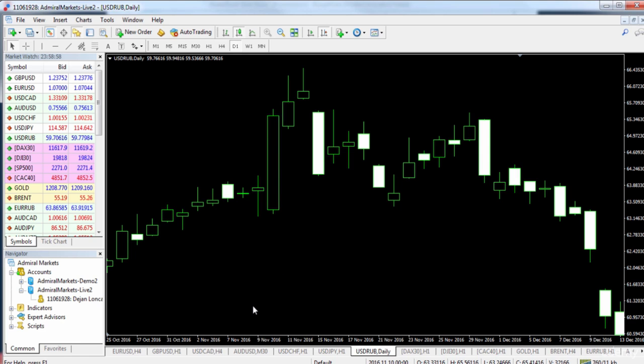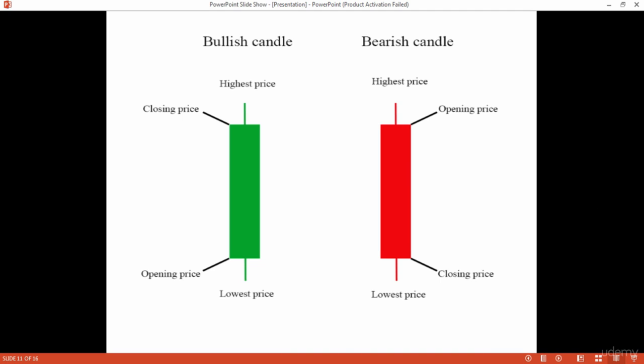Now let's get back to our slide. The first candle is green, which means growth of the value within the time interval, which can stand for 1 minute, 1 hour, 1 day, or other. The candle is formed of a rectangle and two vertical bars, one below and one above the rectangle.